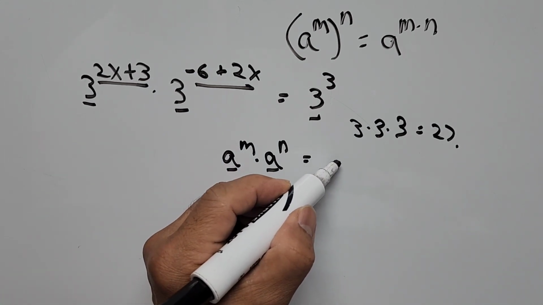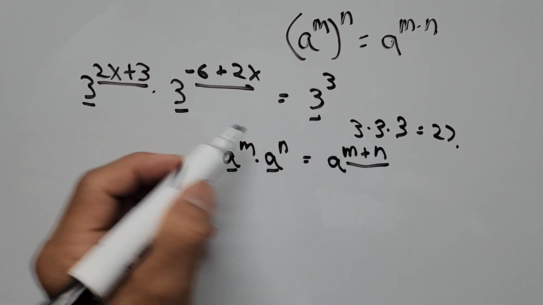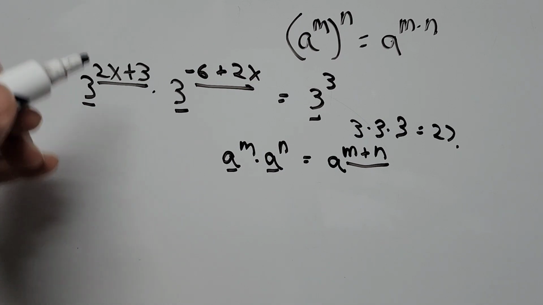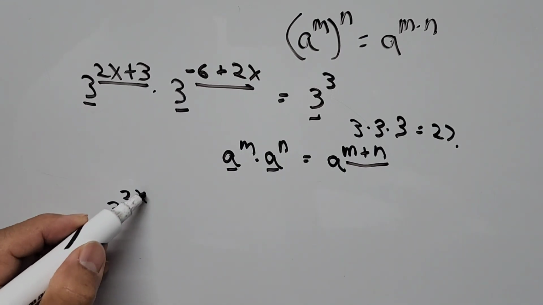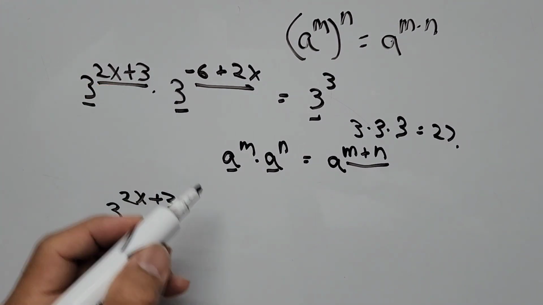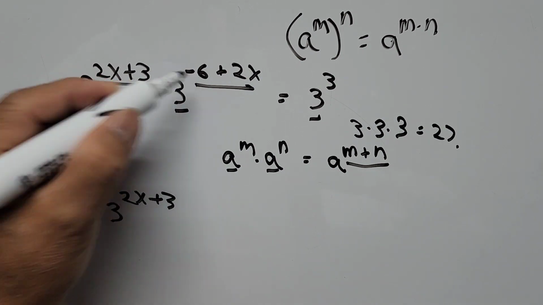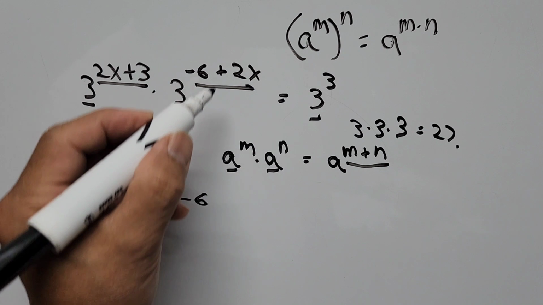So this will be a to the power of m plus n. So we have now 3 to the power of 2x plus 3. Since it is minus, we just proceed as in addition of signed numbers, right? So that is plus minus 6, that is minus 6, then plus 2x.